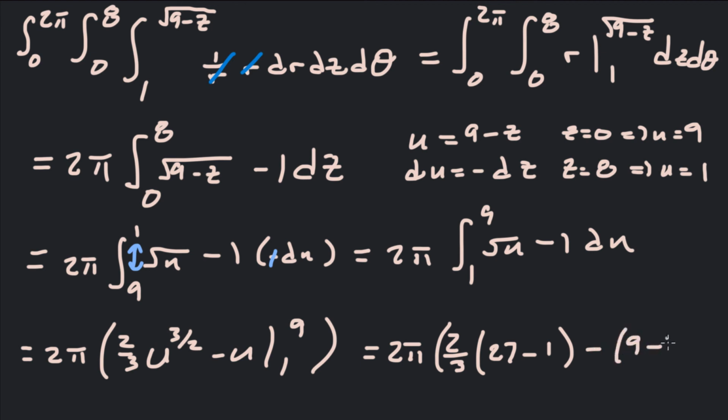Minus 9 minus 1. And this is going to reduce to 56π over 3. Same answer we got before, 56π over 3. So we get the same answer, just integrating r first. So no difference in the answer. Of course, that's the way it should be. That's how we do it.